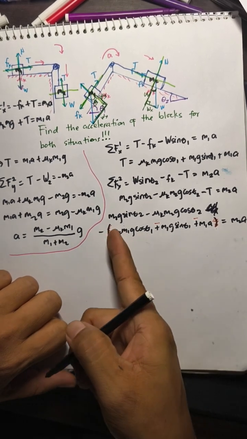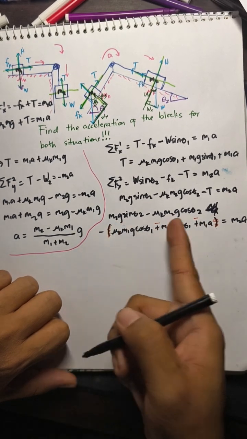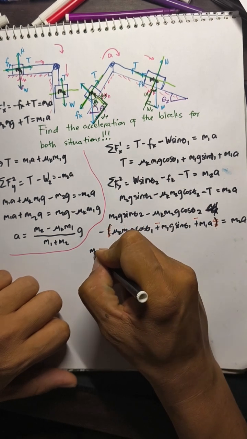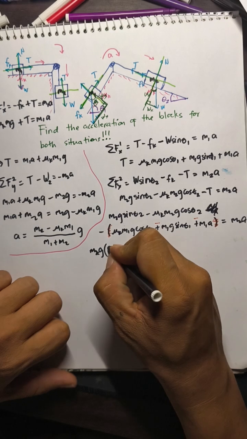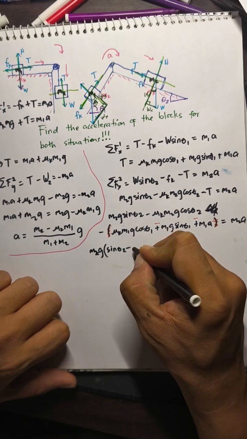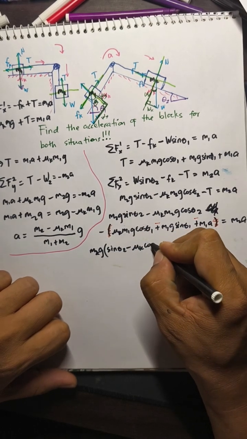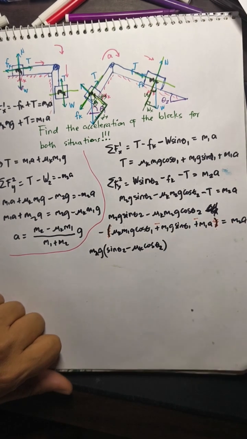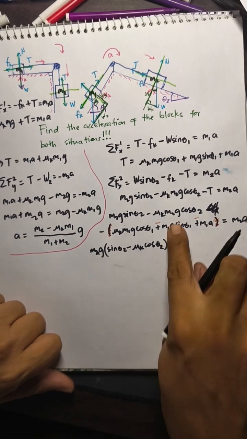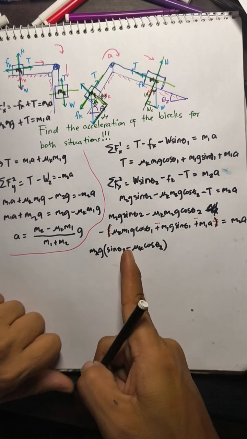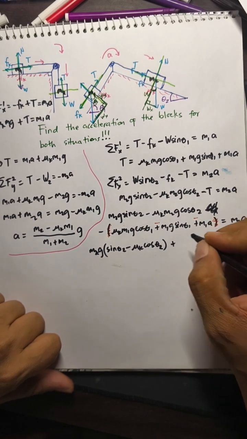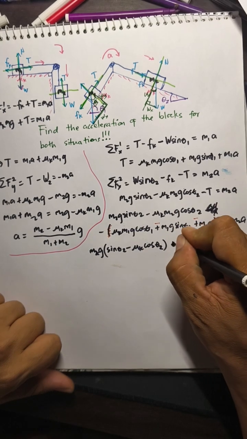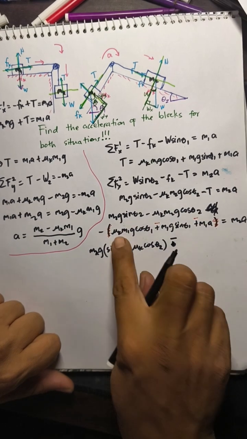I can actually take one m2g out. So we have now m2g times sine of theta 2 minus mu k cosine of theta 2. And in this case here, since this is minus, it's minus, minus.